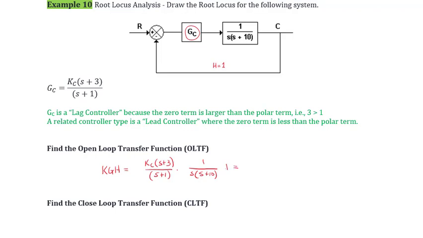That's going to be equal to K sub C times S plus 3 over S times S plus 1 times S plus 10. Once we have that, we can immediately see the starting poles and zeros.